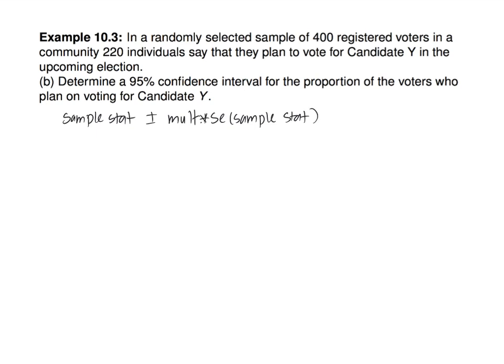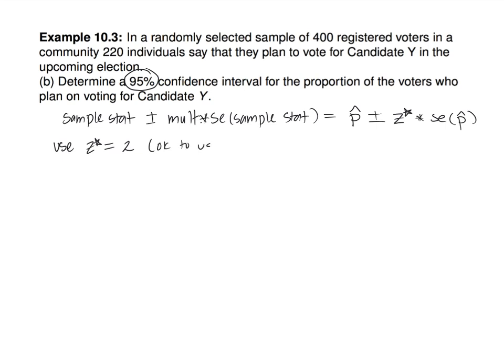In our case, our sample statistic is p hat, plus or minus, because we have a proportion, our multiplier is what your textbook calls z star, times standard error of p hat. So far we have the p hat component and the standard error of p hat component. We're just missing the z star. So I'm going to use z star equal to 2 because 95% confidence.